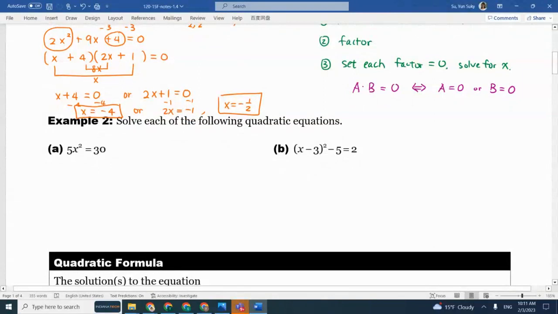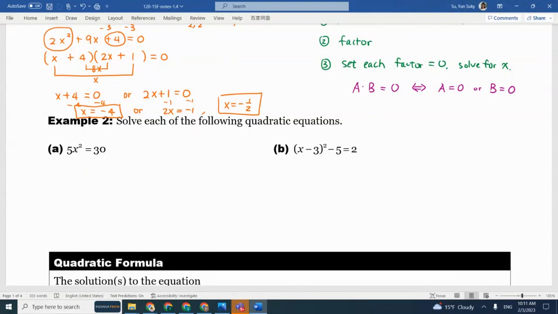If you have only the x squared, then you can isolate the x squared and take the square root on both sides. So here, isolate the x squared, both sides divided by 5.